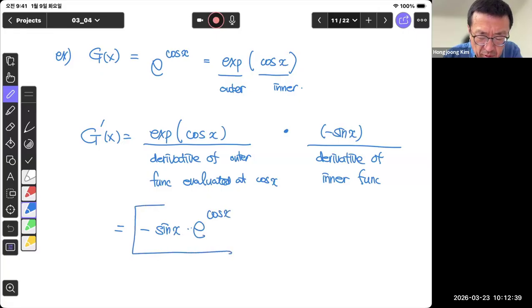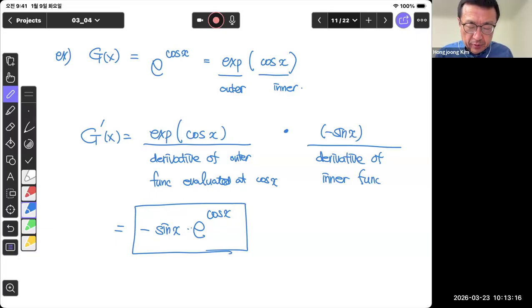That is the derivative of this g function. When you have a composite, which is very common, you need to apply the chain rule. You need to apply it quite often in many fields, especially in our class. We always consider the chain rule, so you need to memorize this formula. This is very important.